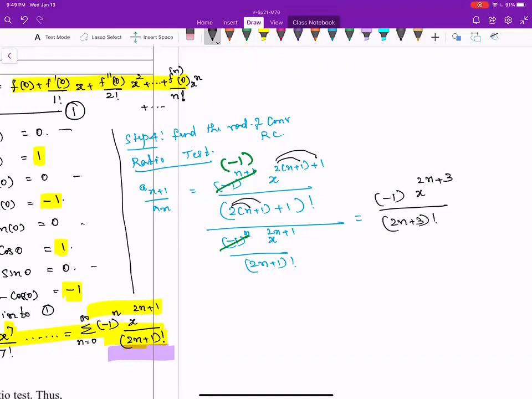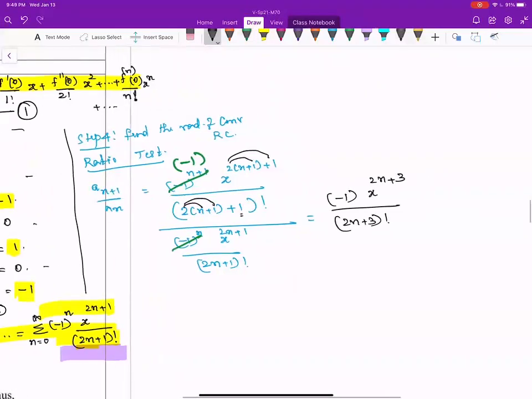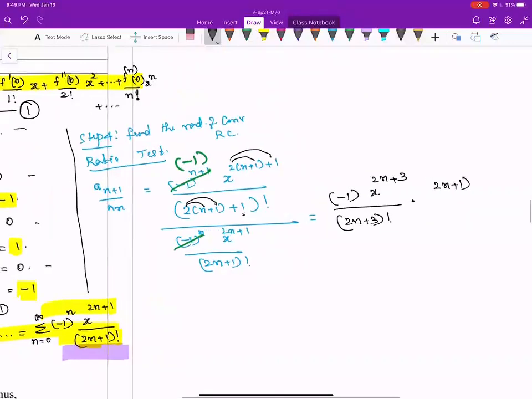Then if you take the reciprocal and multiply, you will get 2n plus 1 factorial divided by x to the power 2n plus 1.